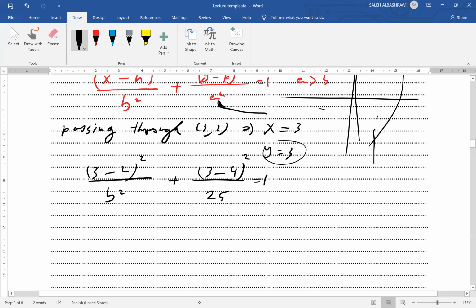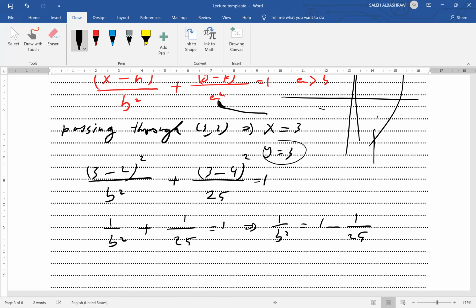Now 3 minus 2 is 1 squared, so I will have 1 over b squared plus 3 minus 4 is minus 1 to power 2 is 1, over 25, is equal to 1. This will give me 1 over b squared equal to 1 minus 1 over 25.